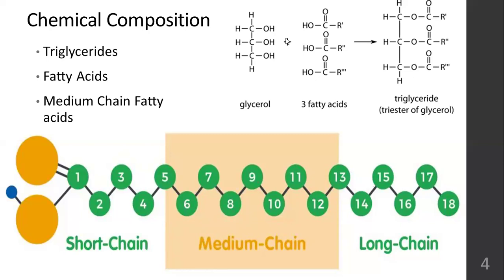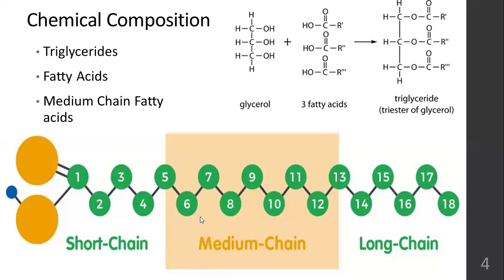Medium chain means the length. Okay, the length of the carbon compound of the fatty acid. So at least 10 to 14 carbons they will have. Medium lengthwise, they will have 10 to 14. A short chain fatty acid is just 5 to 6 carbon compounds. Long chain is like 18 and above.